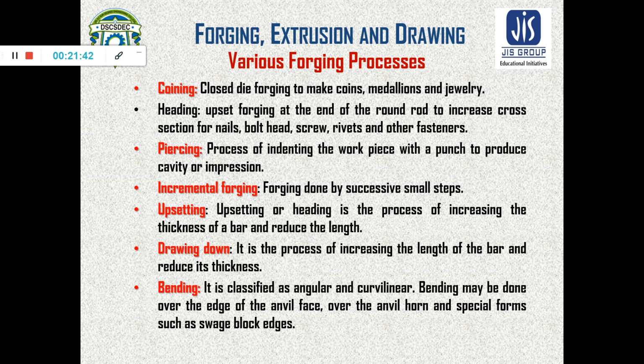You can see it in nails, bolt heads, screws, rivets and other fasteners. That upset forging part is known as heading. Next is piercing. Piercing is the process of indenting the workpiece with a punch to make a cavity. Next is incremental forging.